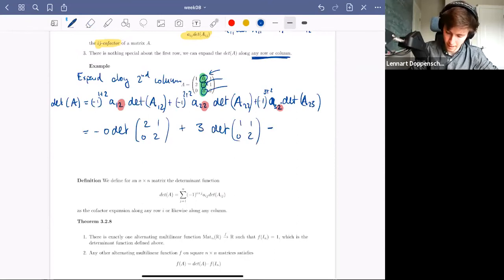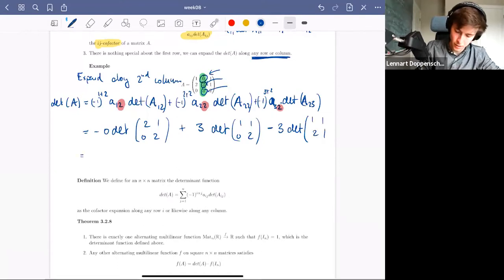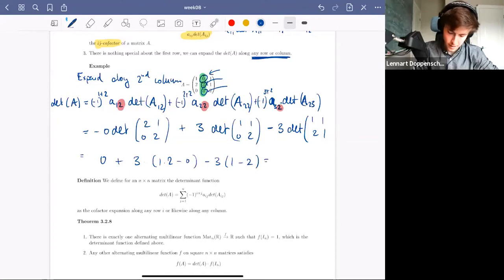And then we have a minus again, 3 times the determinant of 1121. Okay, just to make sure this is actually the same, this one is just 0. This is 3 times 1 times 2 minus 0, minus 3 times 1 minus 2. And unless I'm really unlucky, this should be 3 times 2 is 6, minus 3 times 1. This is 9.